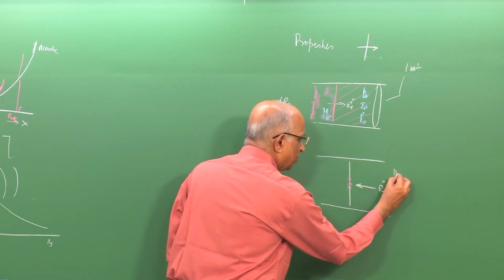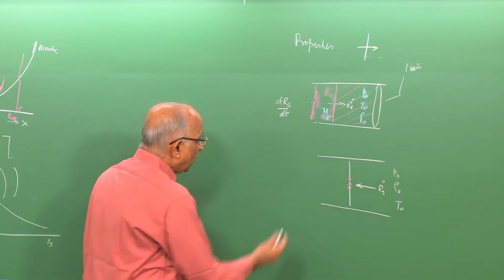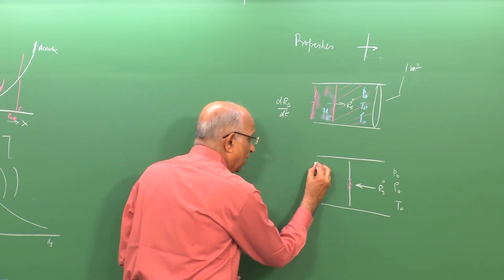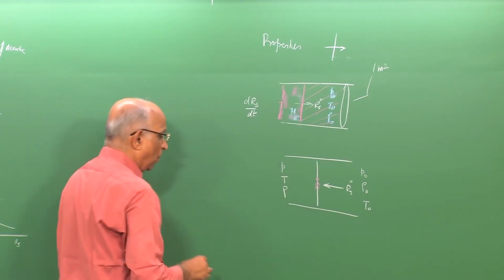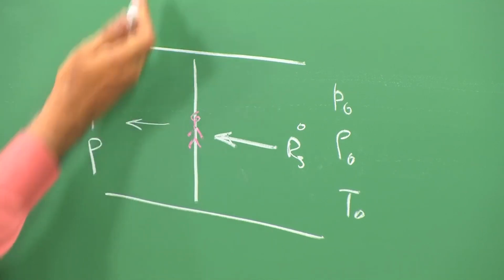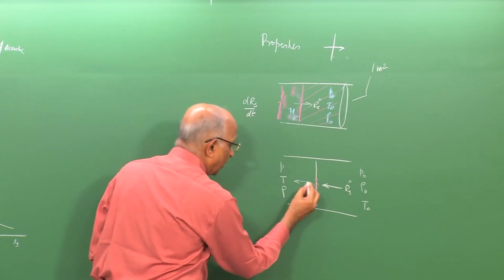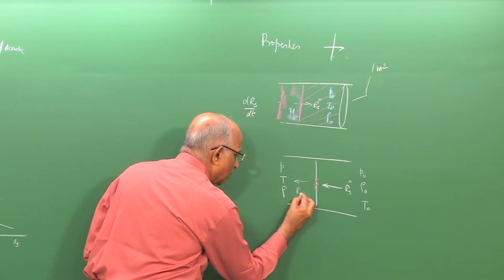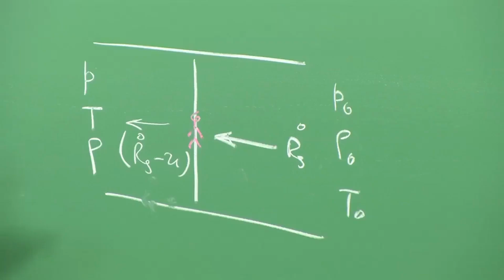The pressure of the medium is P0, density rho 0 and temperature T0, and what happens to the processed gases? Well, it is at pressure P, temperature T, density rho, and it is now moving since I am having the shock stationary. In other words, earlier the shock was moving, the velocity behind is equal to R_s dot minus u over here. And this is the frame of reference I use.